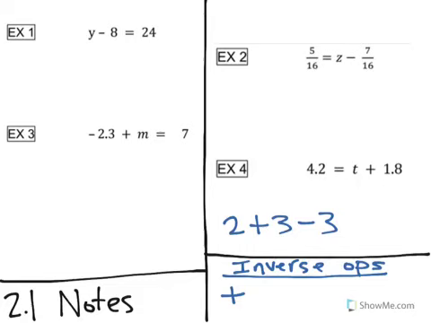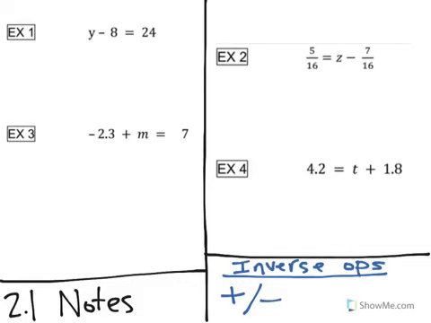And so if I add 3 and then I subtract 3 to 2, I'm going to end up with what I started with. So we know that subtraction undoes addition, and similarly, addition undoes subtraction. So those two things undo each other.